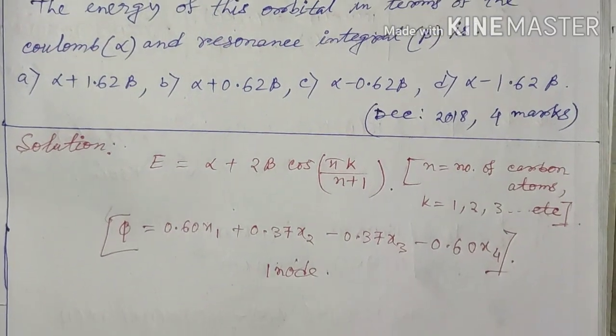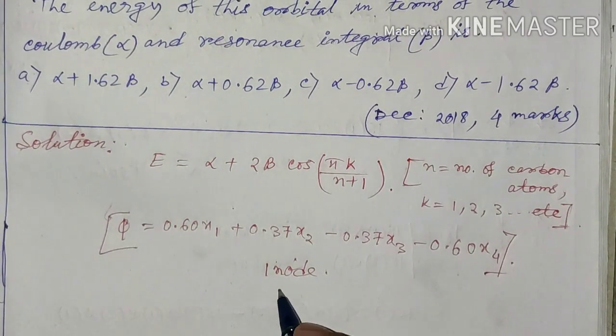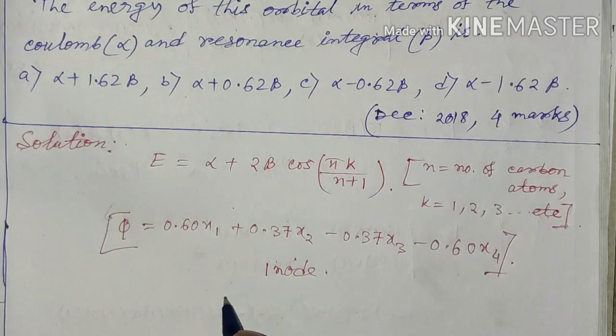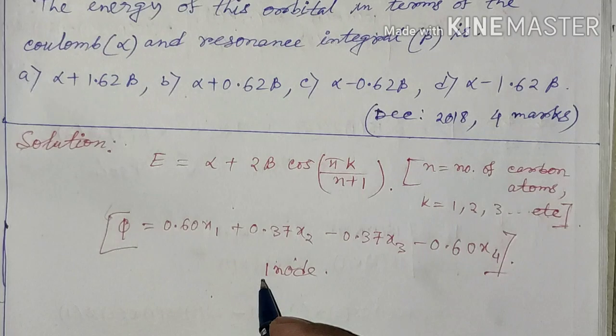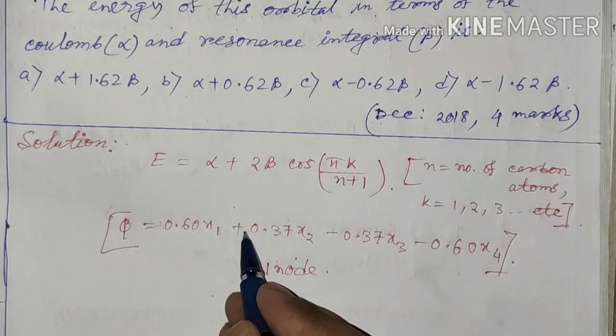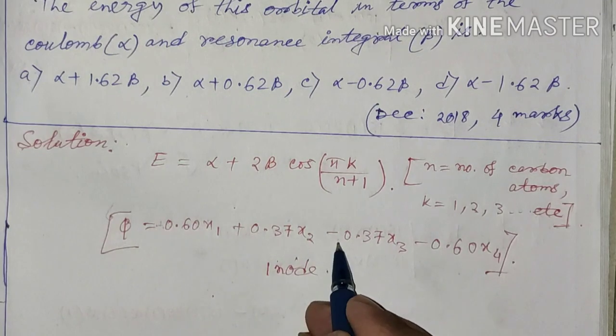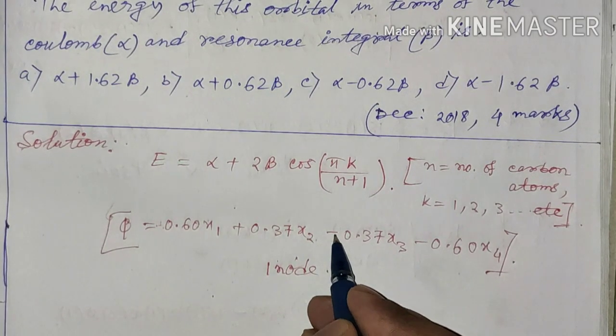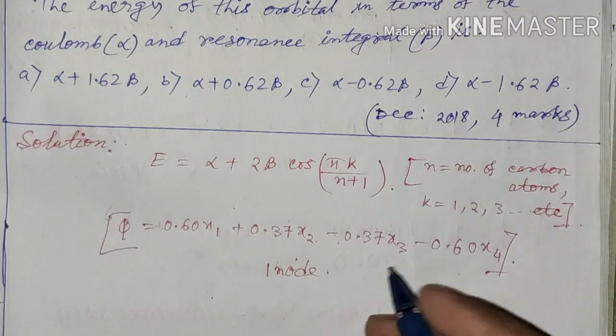From the concept of a node, we can say that where the molecular orbital or wave function changes its sign, that point corresponds to a nodal point. Here we can see that this is plus plus, and here it is changing its sign. That means there is one nodal plane, and for minus to minus there is no nodal plane.